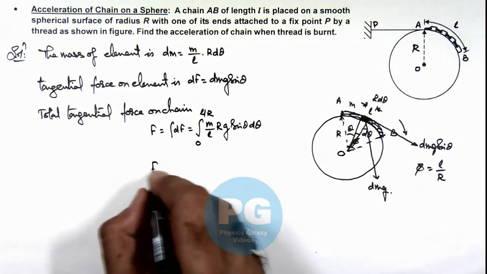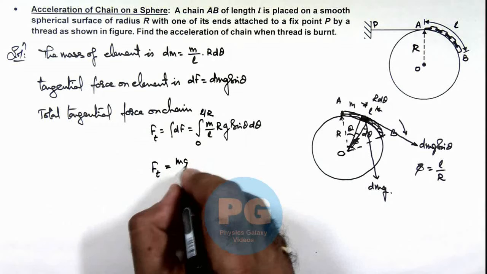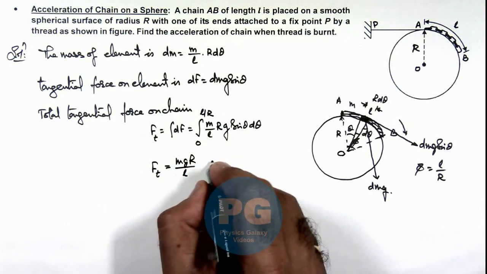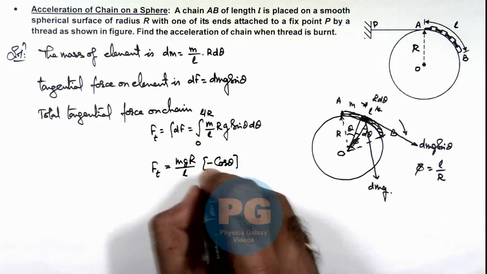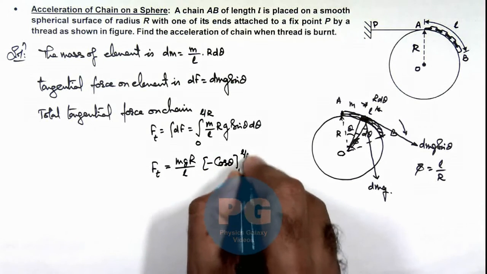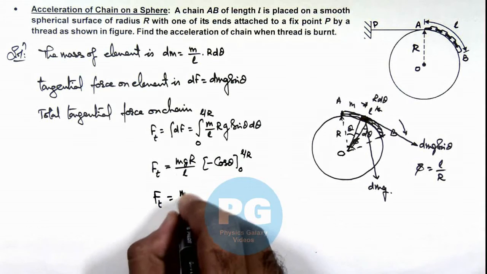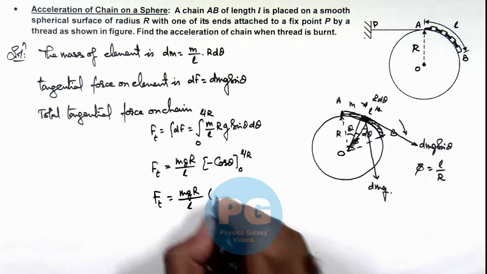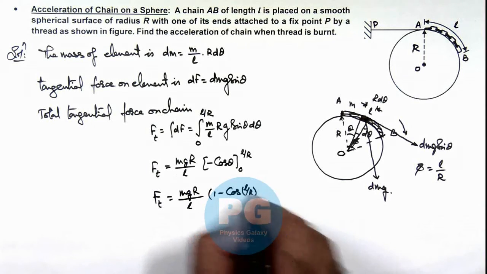So the total tangential force acting on the chain can be given as m g r by L, and the integration of sine theta will be minus cos theta, and we put the limits from 0 to L by r. So this total tangential force will be given as m g r by L, and on substituting limits, it will be 1 minus cos of L by r.